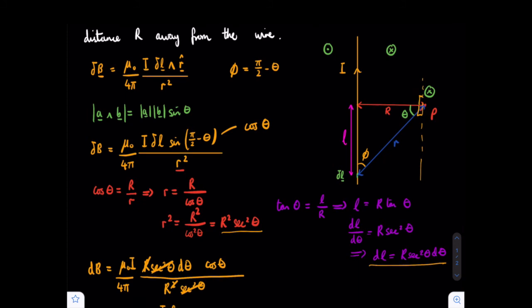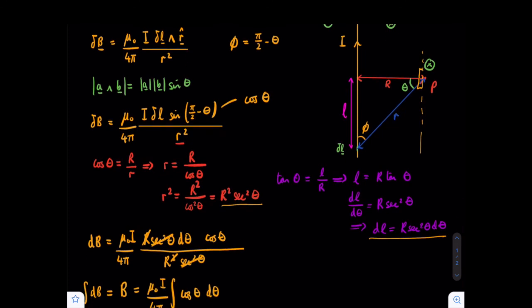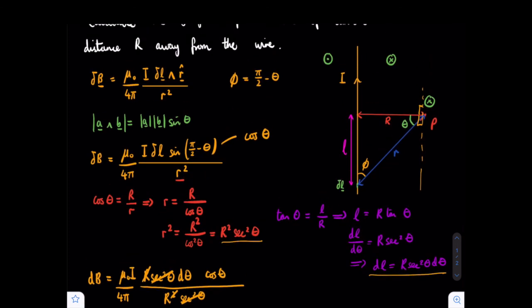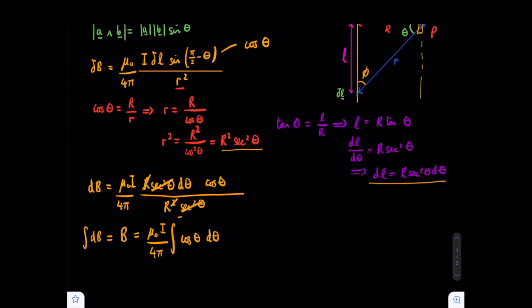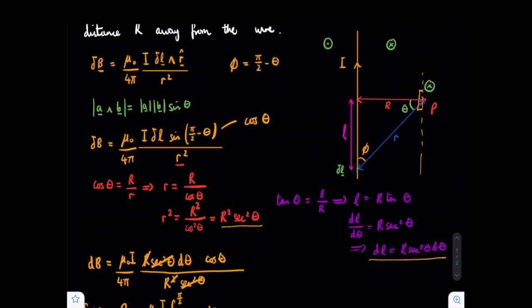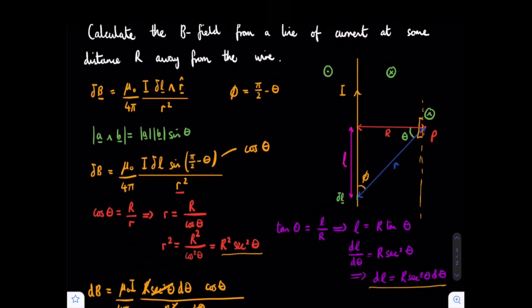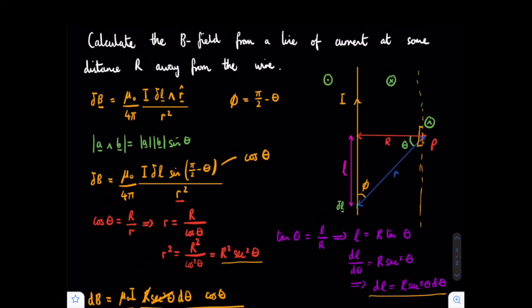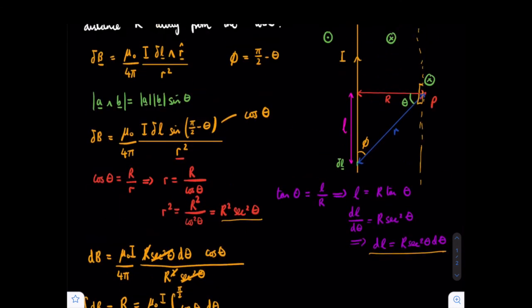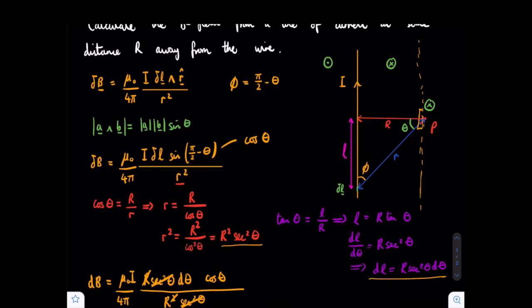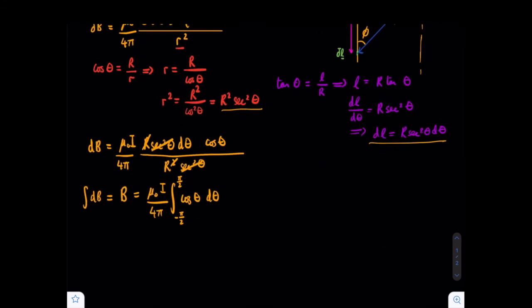So if we want to perform this integral, we can simply use limits of pi over 2, which is infinite wire to this side, and then minus pi over 2 for the infinite wire going upwards.